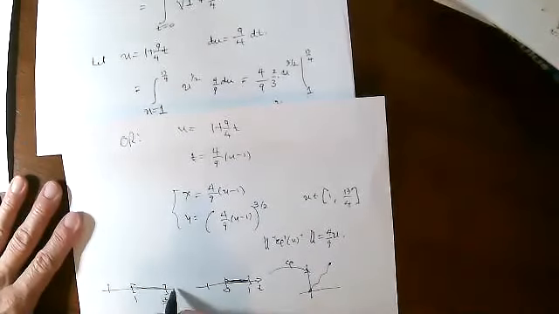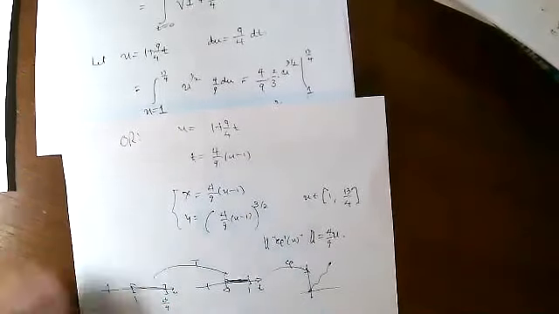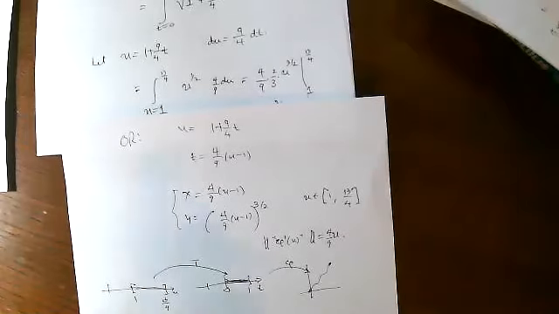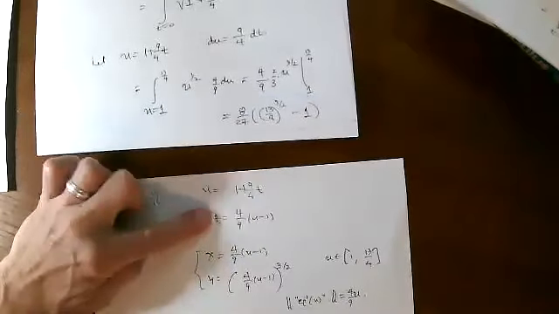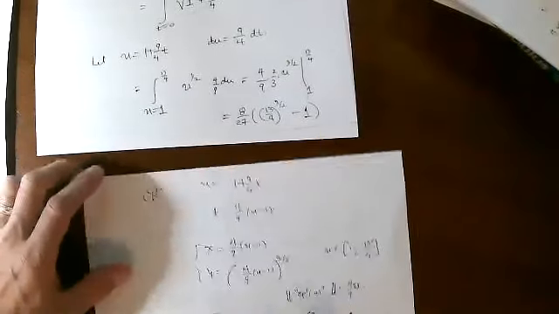There is a different function defined on the u-axis. I might call that a capital T because it's a change of variable. And it's exactly the function that you see right here.